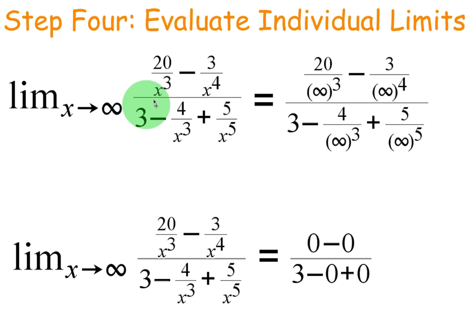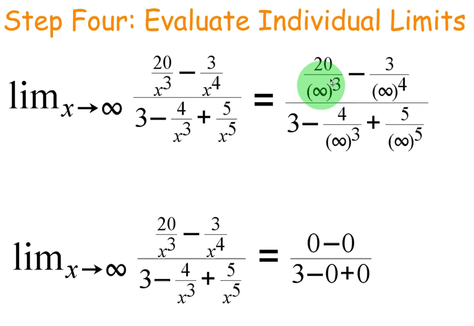So now that I've simplified my expression into a bunch of different fractions after dividing by that largest power, I can now plug in infinity for x. And we know our limits as x approaches infinity of, say, 1 over x cubed or 1 over x to the 5th. You can also do this intuitively even if you don't know those rules. But anyway, basically we're plugging in infinity for x.